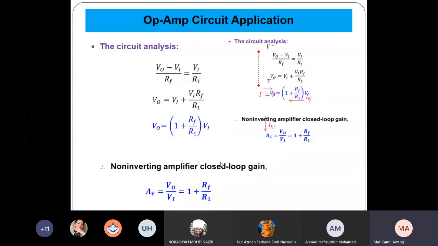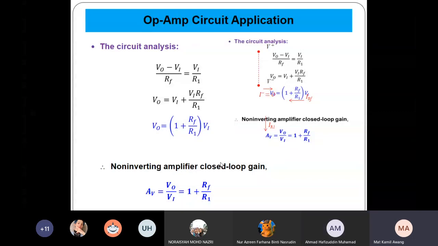So let's say you have a signal that you want to amplify by 100. Let's say you have 0.1 volt and you want to amplify it to become 10 volt.